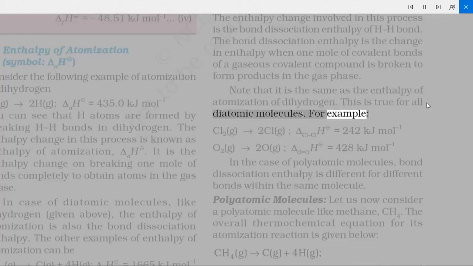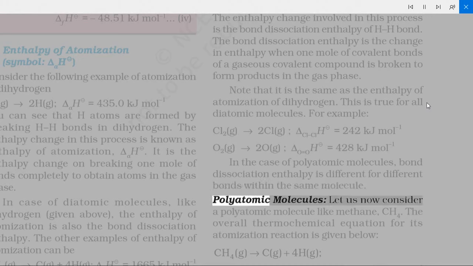For example, Cl2(g) → 2Cl(g), ΔH = 242 kJ/mol; O2(g) → 2O(g), ΔH = 428 kJ/mol. In the case of polyatomic molecules, bond dissociation enthalpy is different for different bonds within the same molecule.